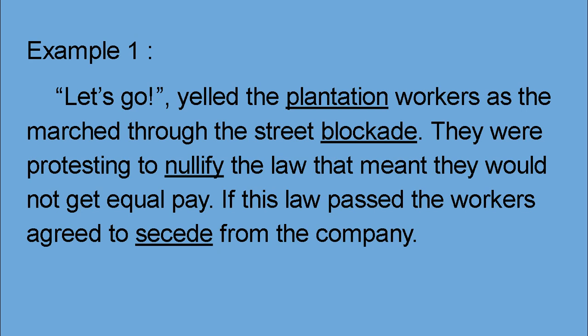So here we have our words: plantation, the farm workers; blockade, that means they were blocked from passing; nullify, they wanted to cancel the law; and secede, that means that if they don't get what they want, they are going to separate from the company.